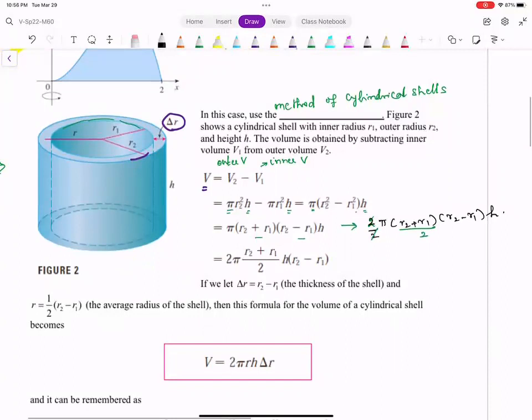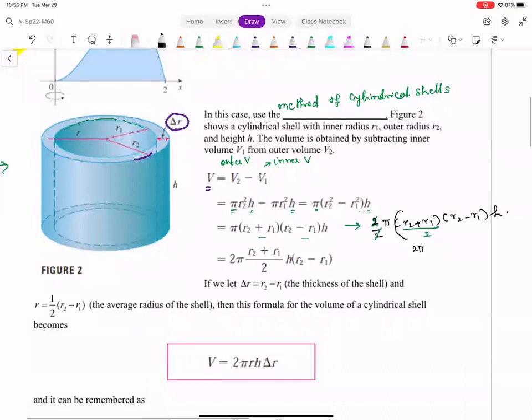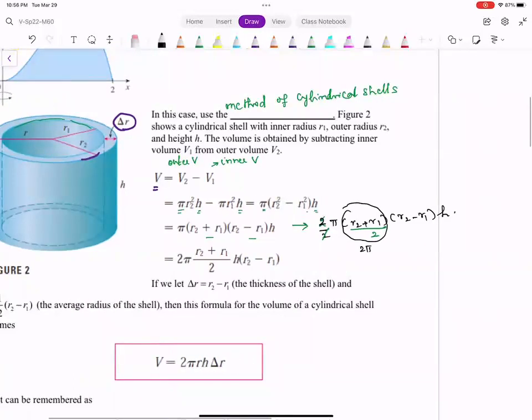So on top you have 2 pi, and then R2 plus R1 divided by 2. R2 is the outer radius, R1 is the inner radius. R2 plus R1 divided by 2 is the mean of the radii, which we call R. And R2 minus R1 is delta R, the change in the radii, times h.